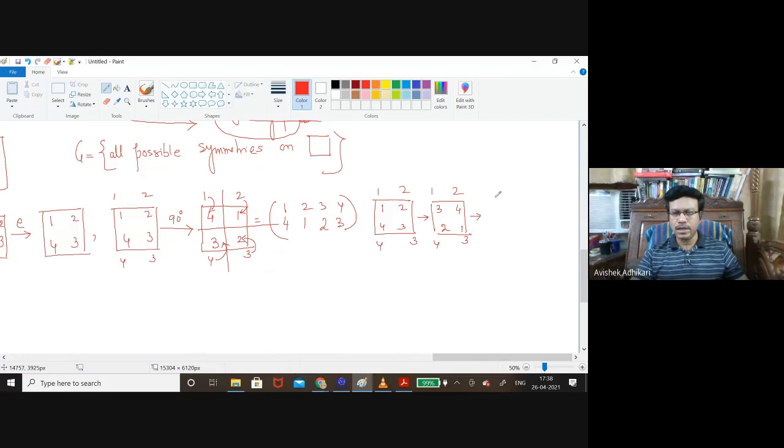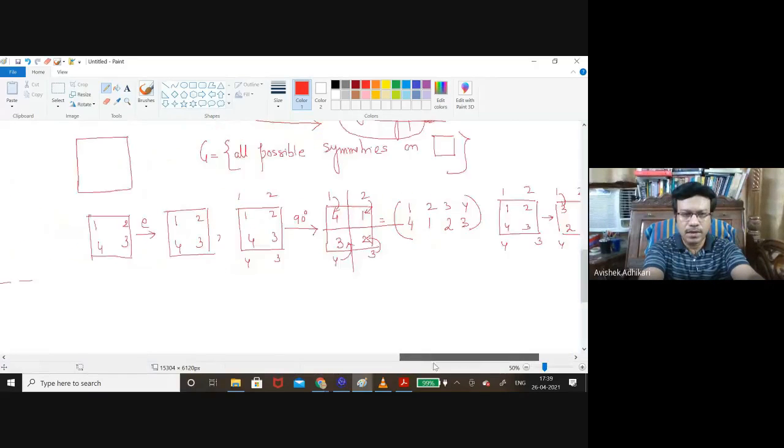So cyclic notation wise, 1 goes to 3, 2 goes to 4, 3 goes to 1, and 4 goes to 2.